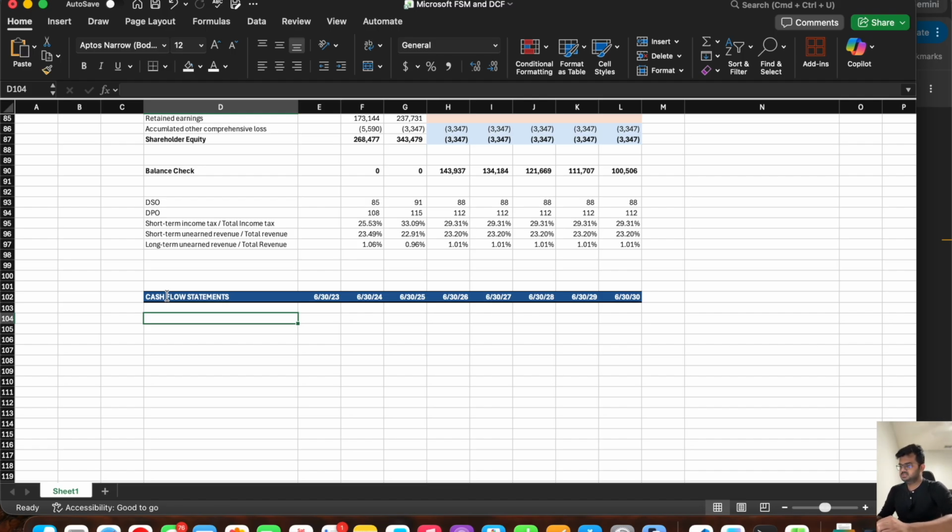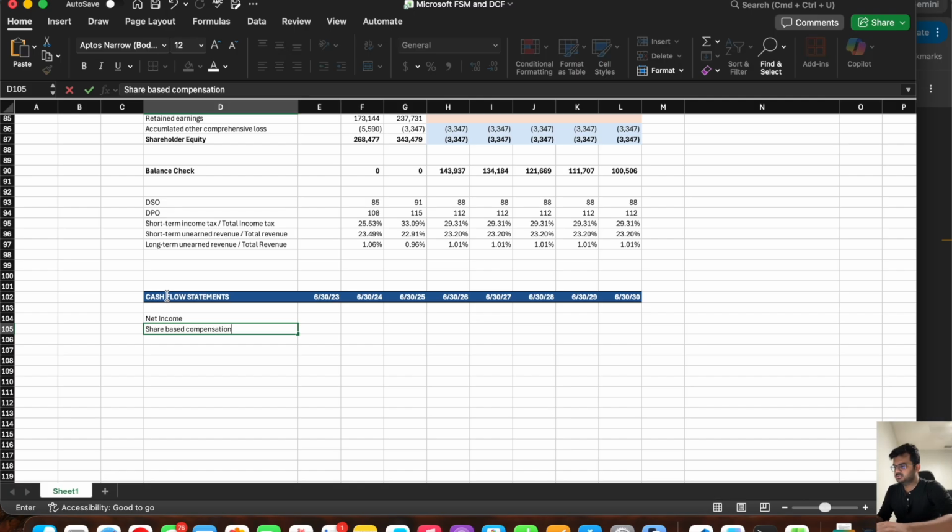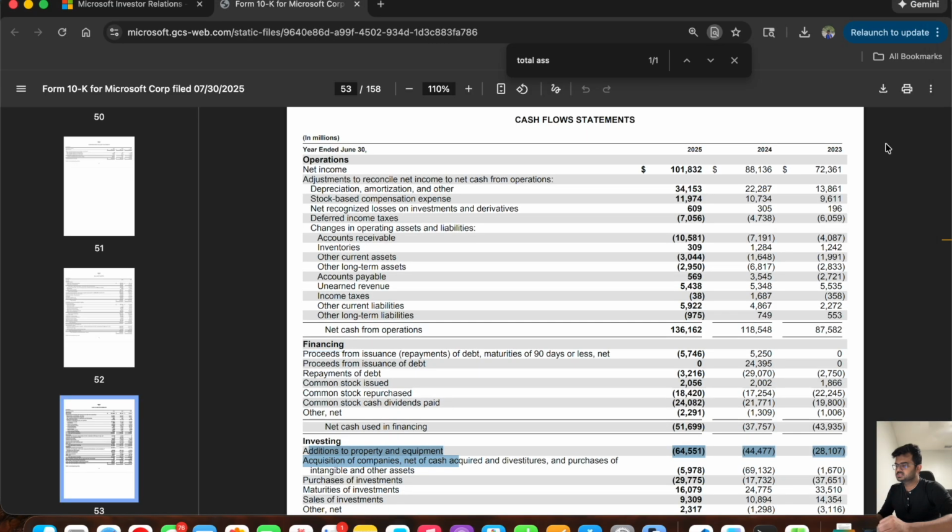First, as I mentioned, is operations, cash flow from operation. It starts with net income. Then the next one is share based compensation expense, which is one of our non-cash expenses.